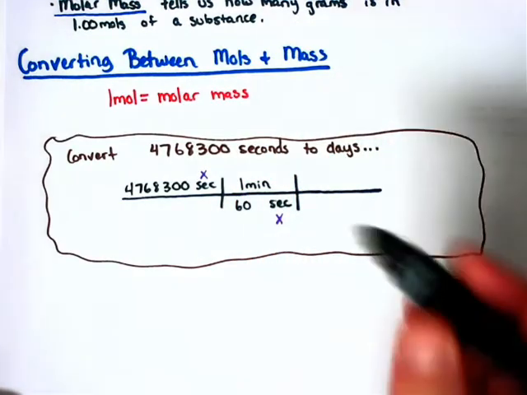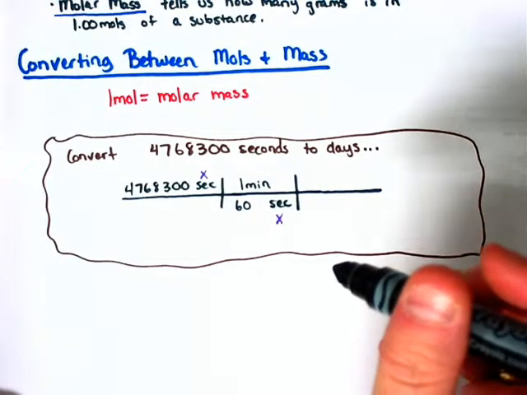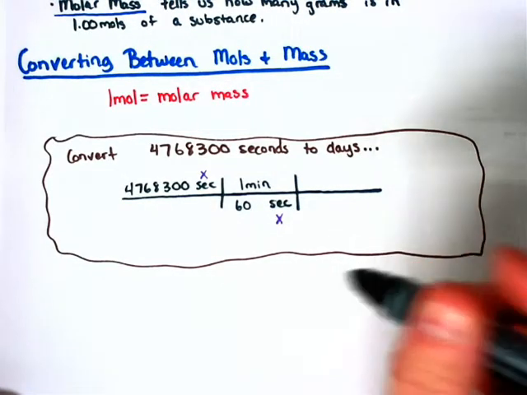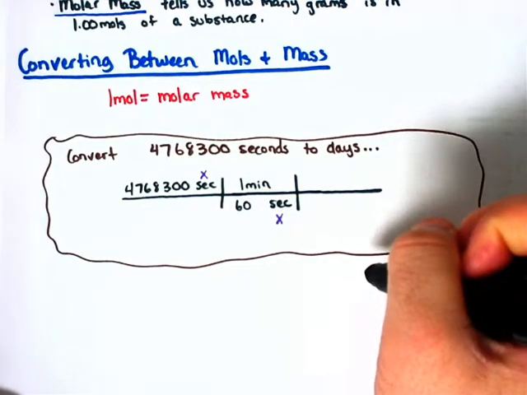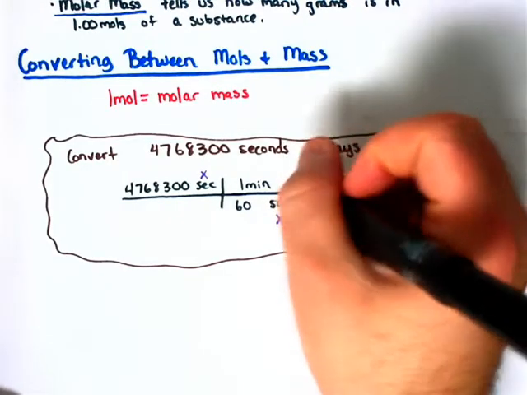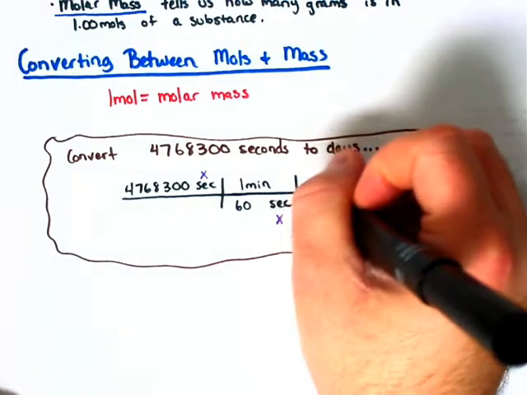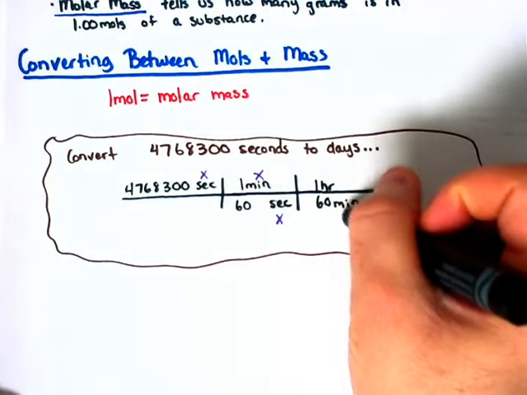Now if we were just wanting the number of minutes, we could stop, but do we want minutes? Okay, so we want days. So tell me something about minutes. Should I put my 1 hour on top or bottom? Because I want my minutes to cross out. Correct?